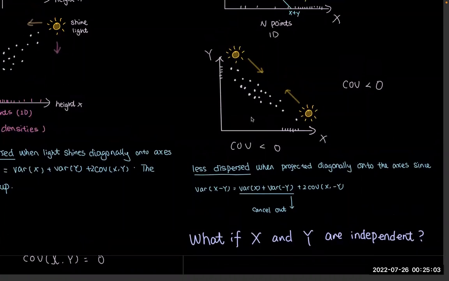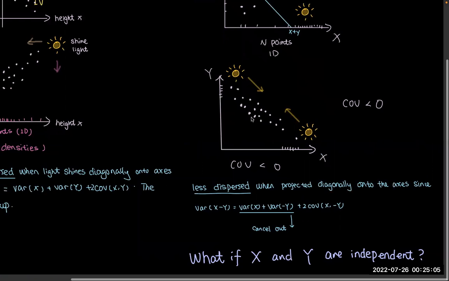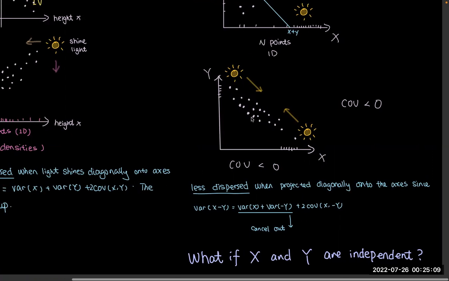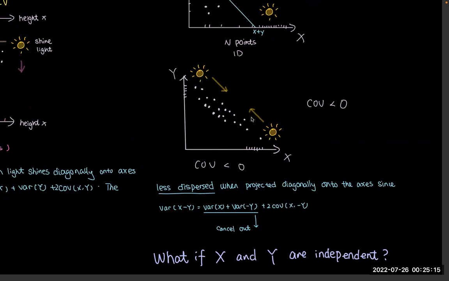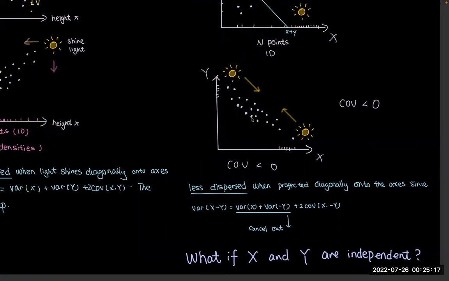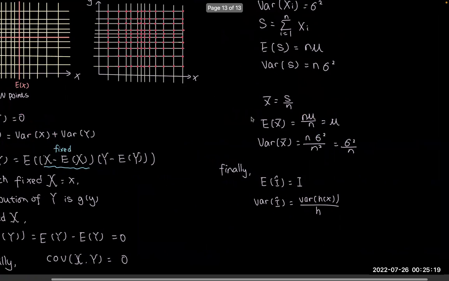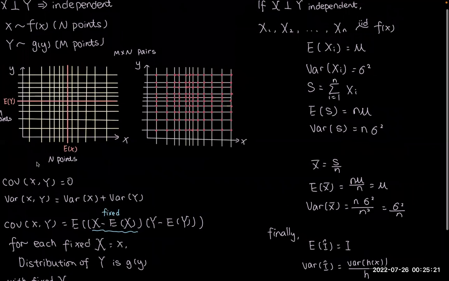So if x and y are independent, which is relevant in our study of Monte Carlo samples, because all our samples are IID, independent and identically distributed, then we have this scenario. We have a collection of values of x.